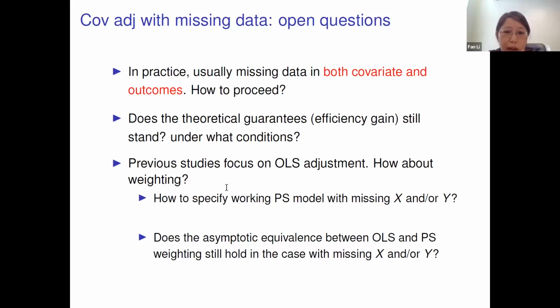Also, because I did the weighting work, I was curious: this all looks great, but how about weighting? Can I also do weighting? In that case, how do I specify the working propensity score model with missing X and/or Y? And does the asymptotic equivalence between ordinary least squares and propensity score weighting still hold when I have missing data? So I have all of these questions, and then we started to do some work together.